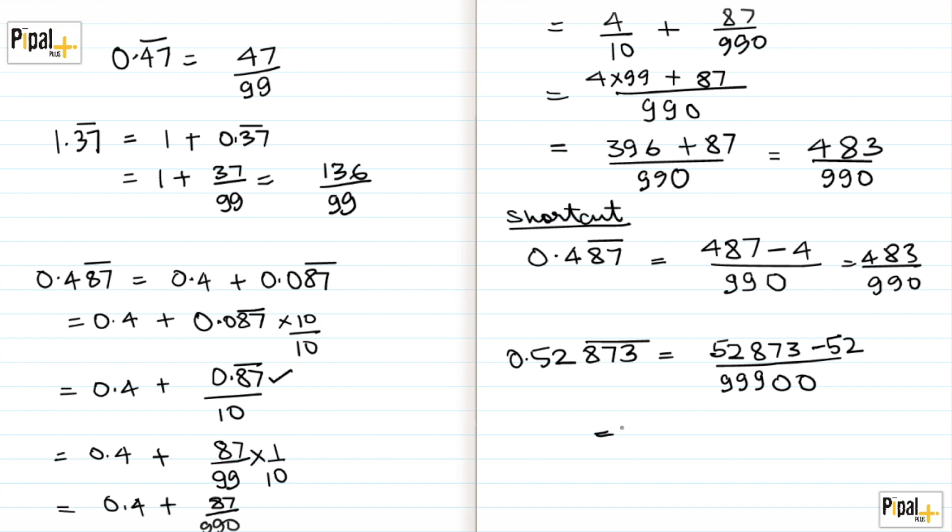So this gives us 52821 divided by 99900, right? So we can cancel out if there's anything common and get done with it. So this is how we are going to convert non-terminating and recurring decimals into p over q form.